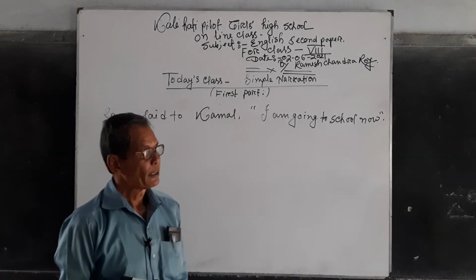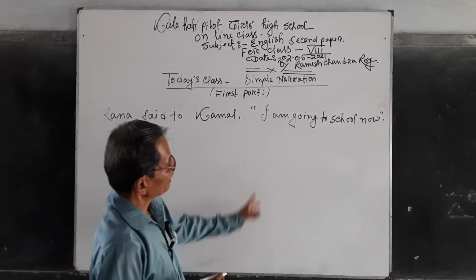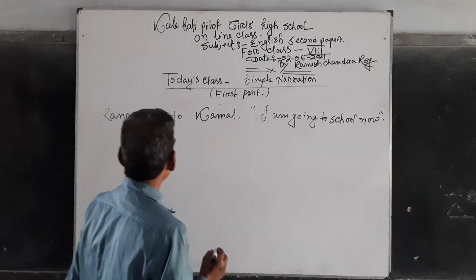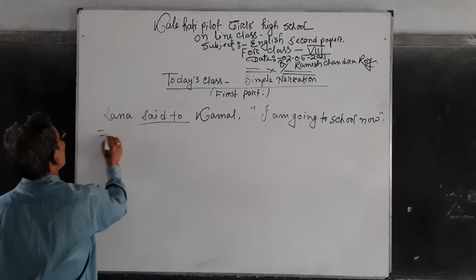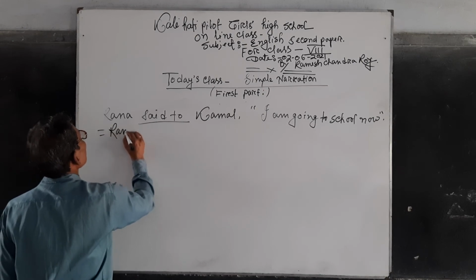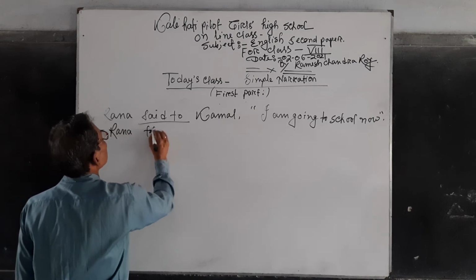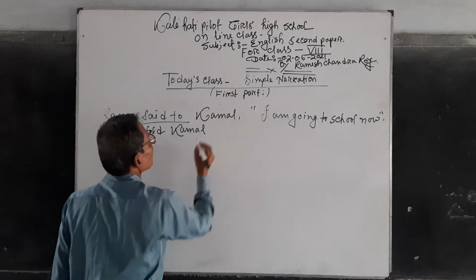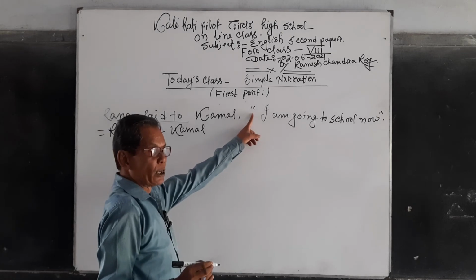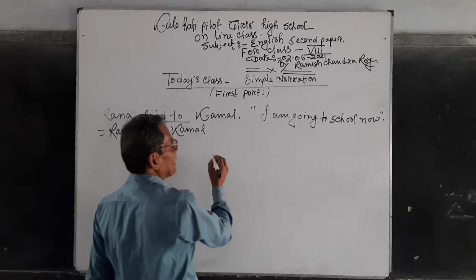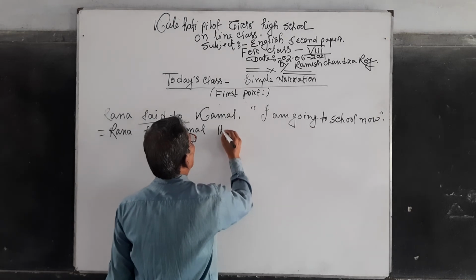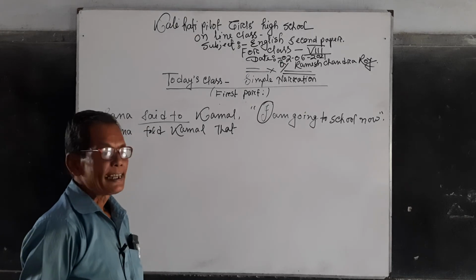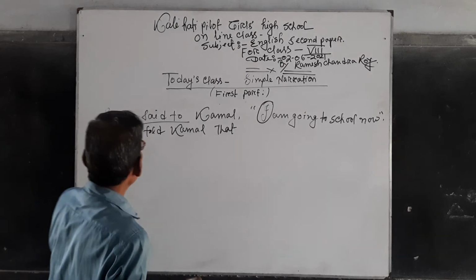Then if we want to change from direct to indirect, we shall have to change said to into told. Rana told Kamal, comma and inverted commas will be removed and that is used as a conjunction. The subject I of the reported speech is Rana.